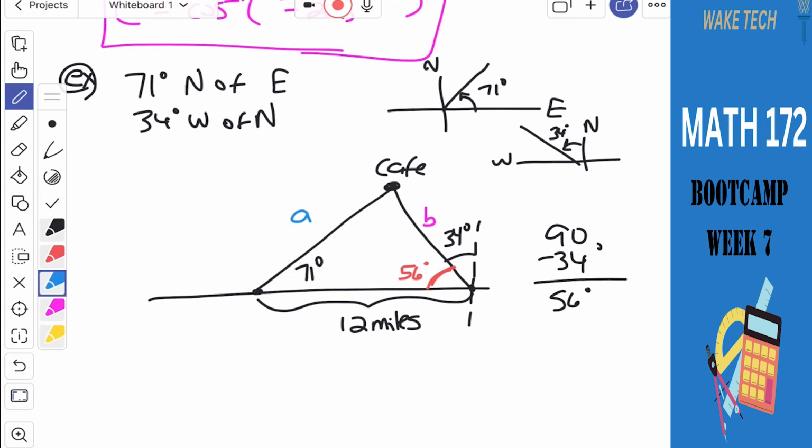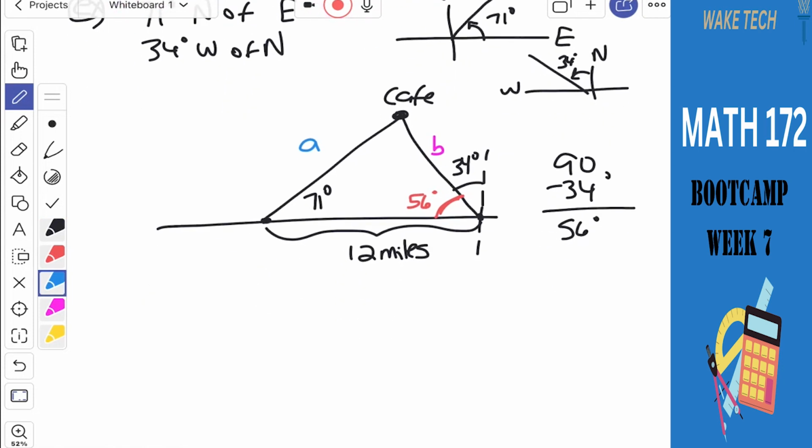Since you covered the law of sines last week, we can actually solve this, and it'll be a good review. To find side A, we would use the sine of 56 degrees over its side length equals... Anytime we're completing the law of sines, we have to use a complete angle-side pair.